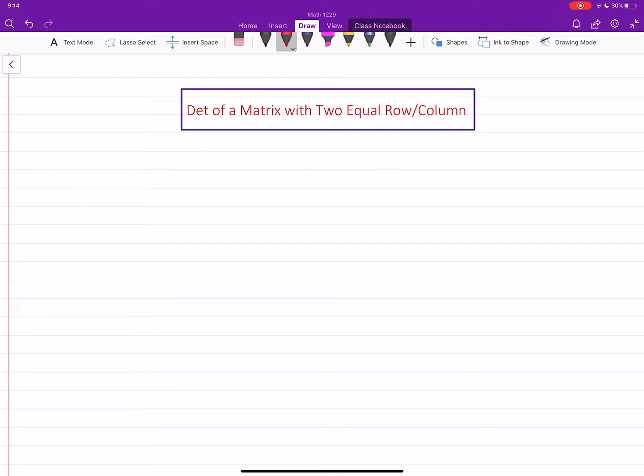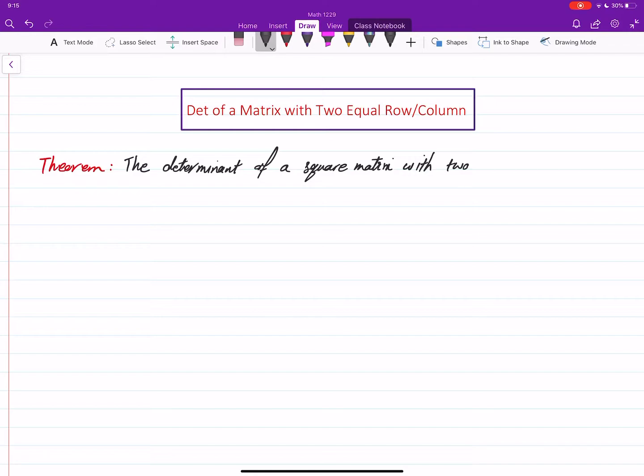It says the fact, or the theorem, or I don't know the property you like to say: the determinant of a matrix with two equal rows.